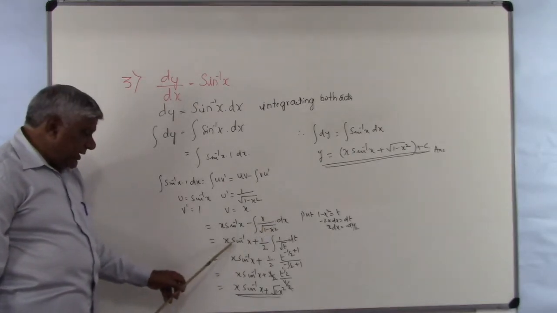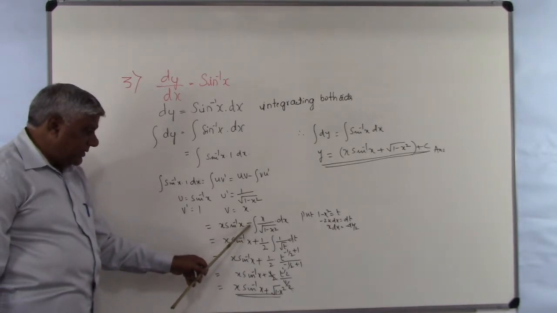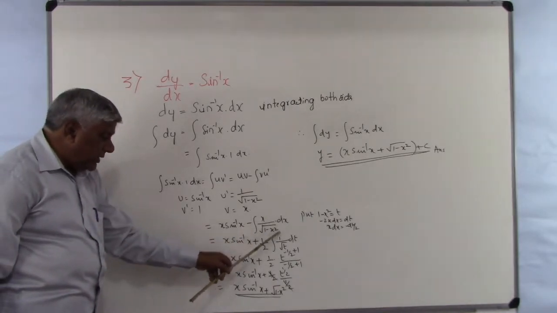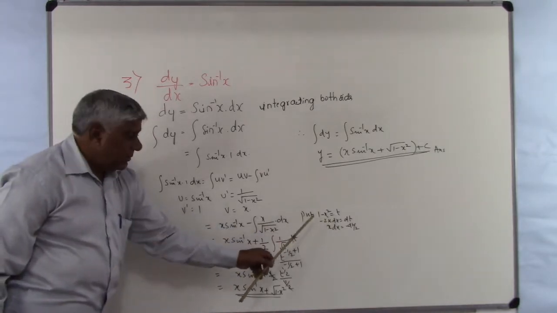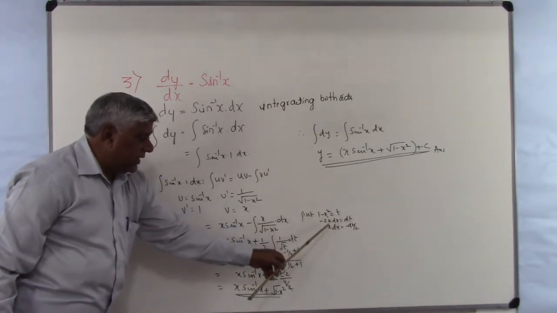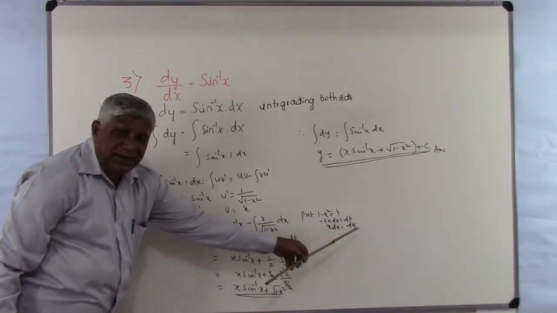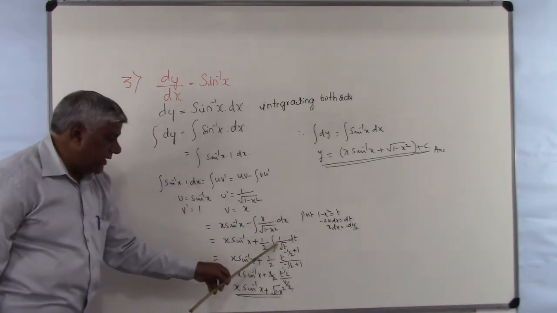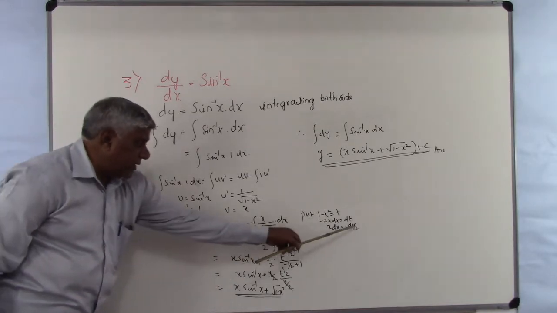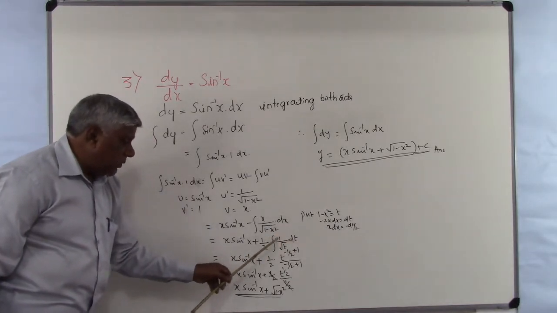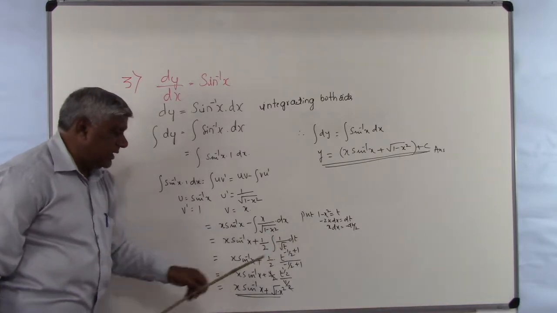Now x sine inverse x minus, now here how to solve this integration? We are putting 1 minus x square is equal to t, minus 2x dx is equal to dt, x dx is equal to minus dt by 2. That is what we have done here. Minus into minus becomes plus, I have taken out 1 over 2, integral 1 over root t dt.